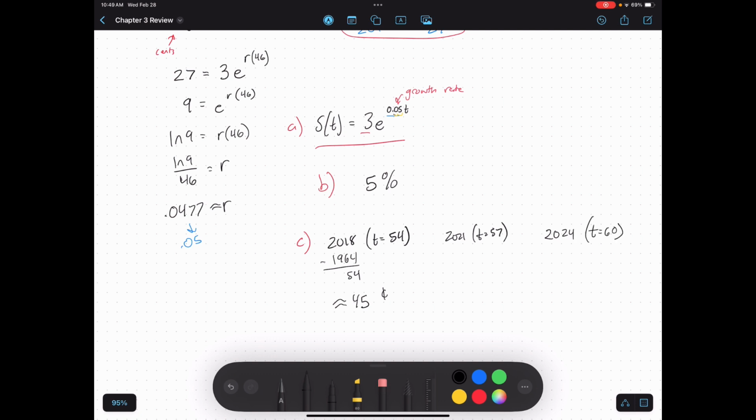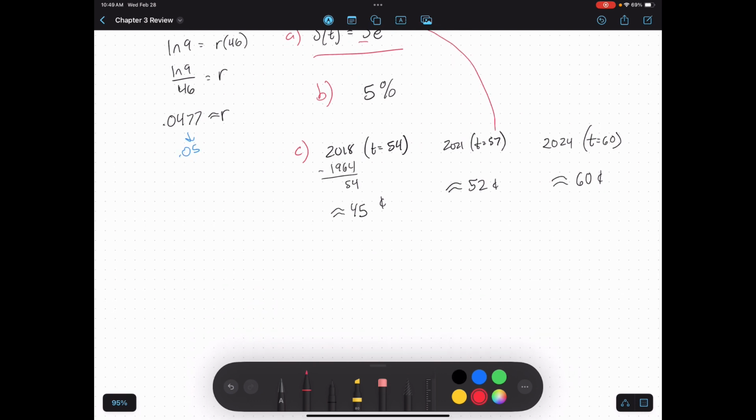Right? So all this means is I'm just taking these t values and plugging them in for t in my equation and calculating it out. So for 2021, I get approximately 52 cents. And 2024, I get approximately 60 cents.